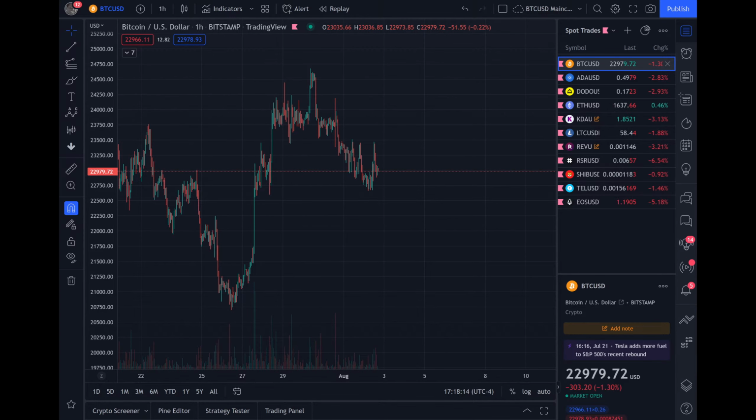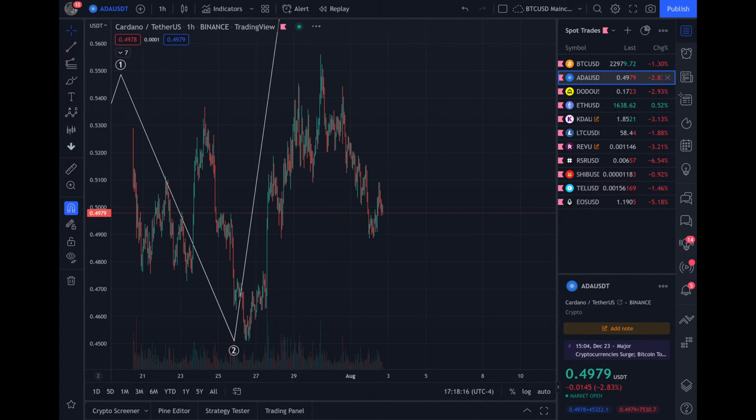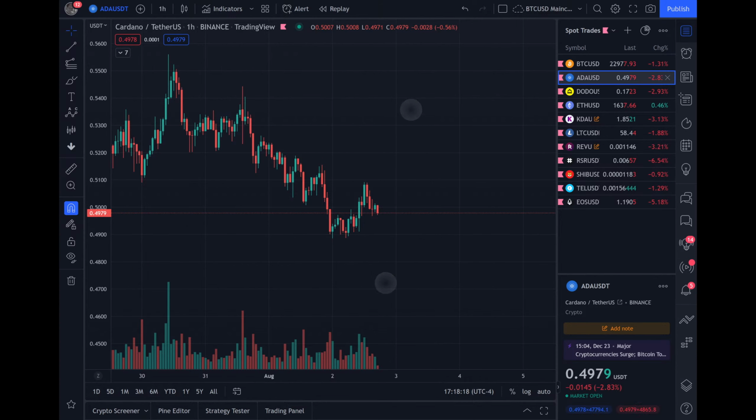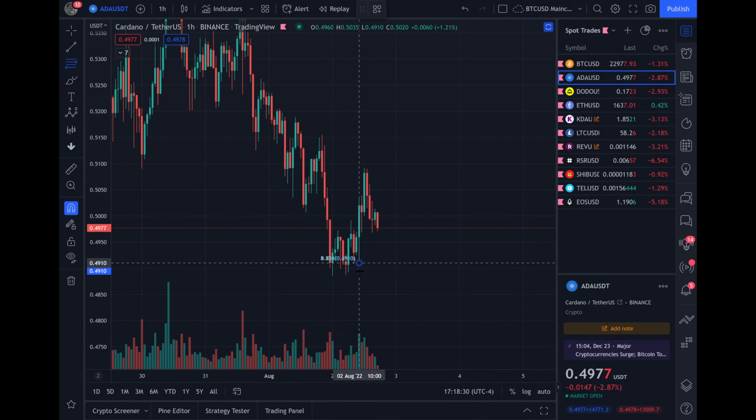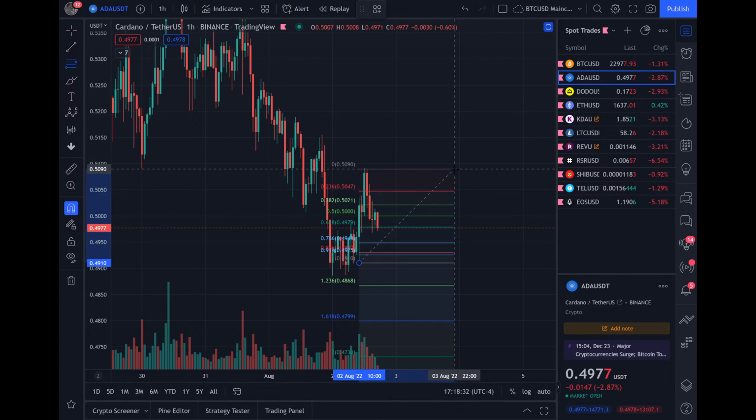Okay. All right, Cardano. Same thing. Looks like you're putting in a pivot here, right? Let's get our Fibonacci retracement tool. Eyeballing this, it looks like you are respecting that 618 level right here. And yeah, you can expect continuation.